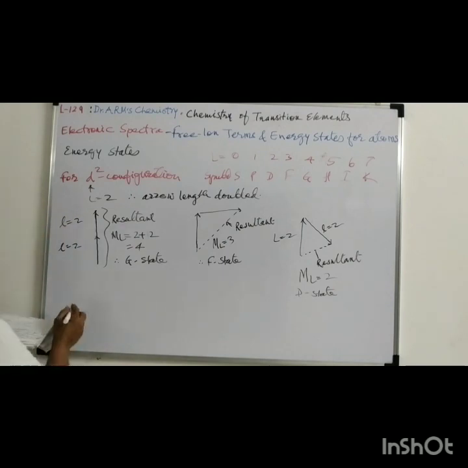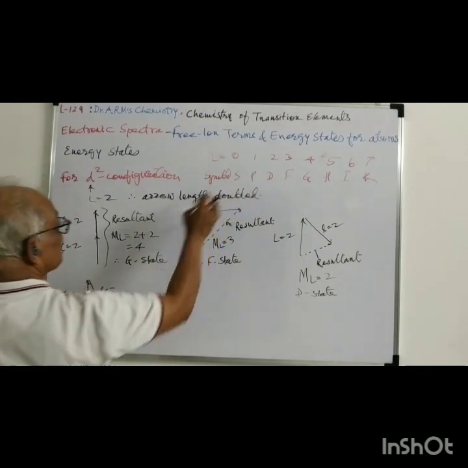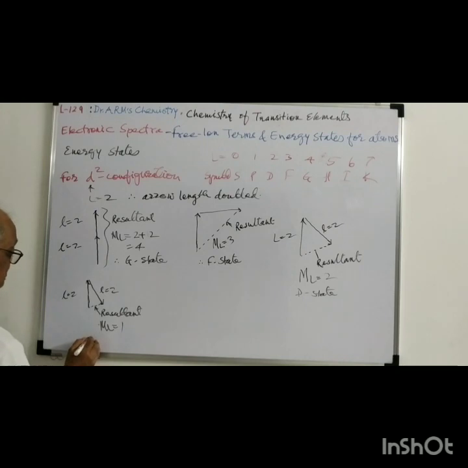When this value is again decreasing, that is L is equal to 2, this L is equal to 2, but here the resultant ML is equal to 1, and for this 1 the state is P state.